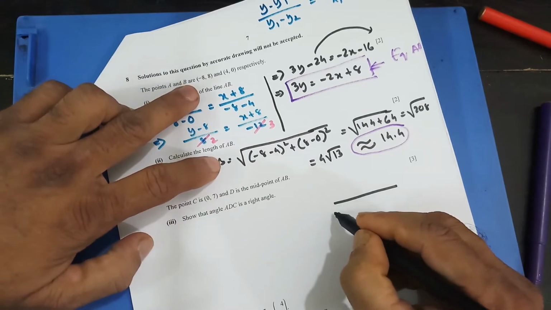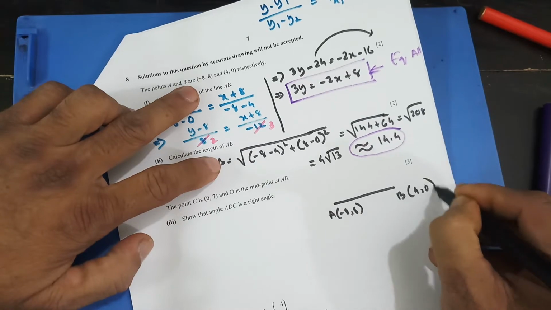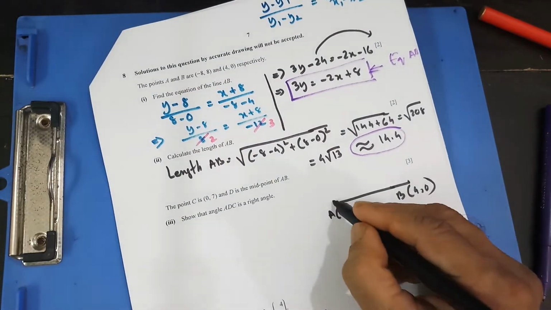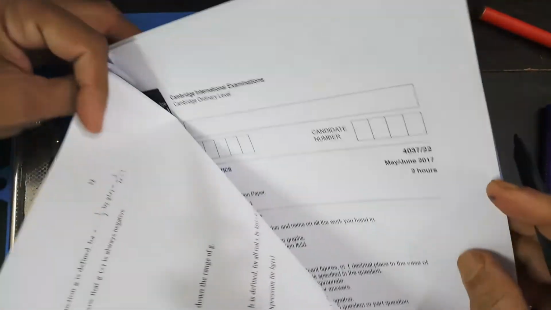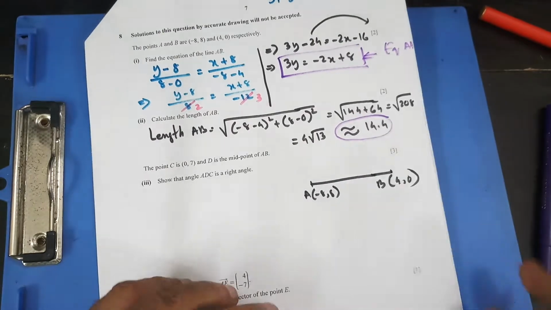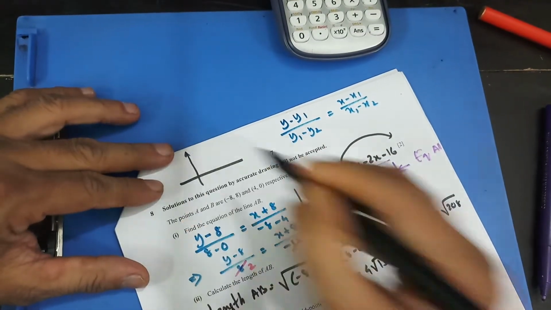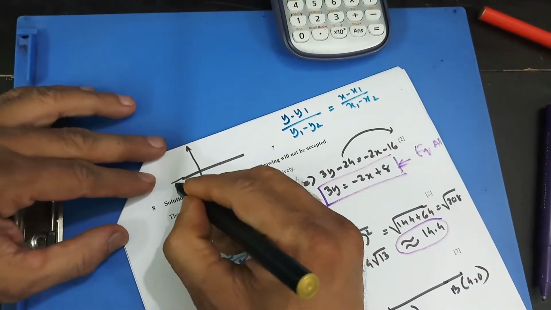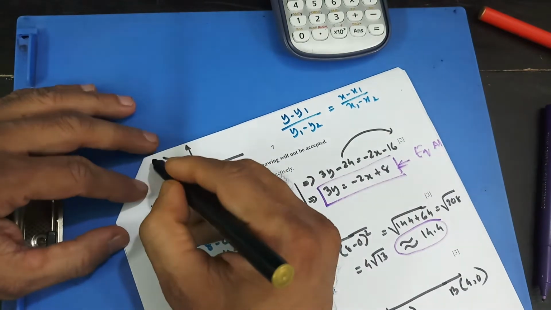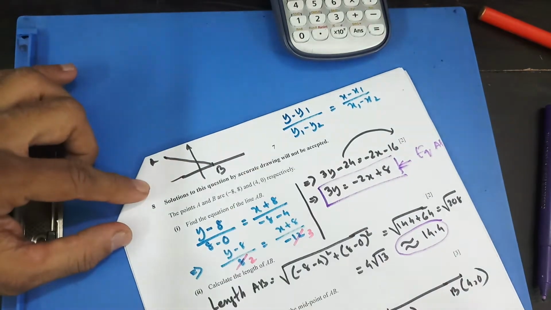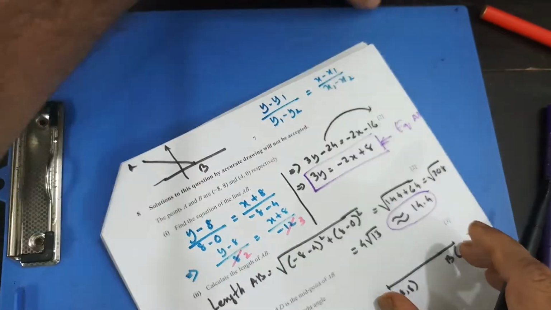A is gonna be (minus 8, 8) and B is going to be (4, 0). I have drawn it as a horizontal line, but you do know that it's not a horizontal line. If I draw it in the coordinate system, minus 8, 8 should be somewhere over here, and B is gonna be somewhere over here. It's gonna be something like that, A and B. So it doesn't have to be this politically correct, because we are using the formula.